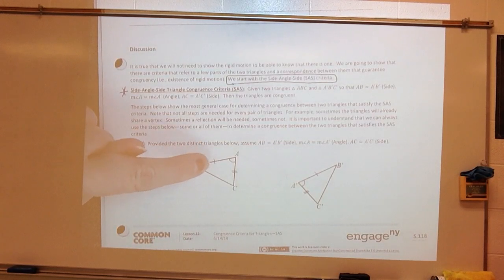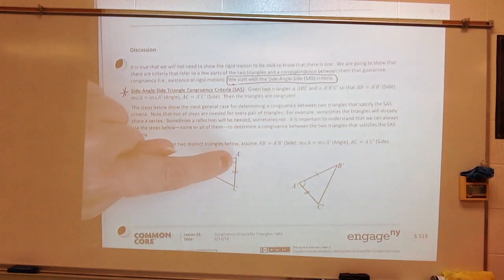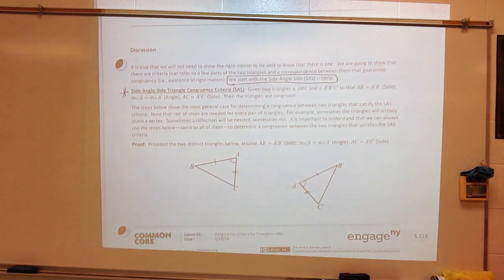Notice the markings. This side's congruent to this side's congruent to this side, and our angle is congruent to our other angle. Alright, those markings are very important.